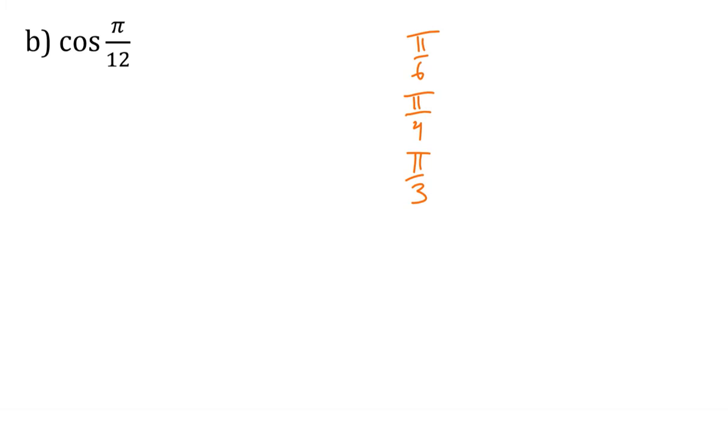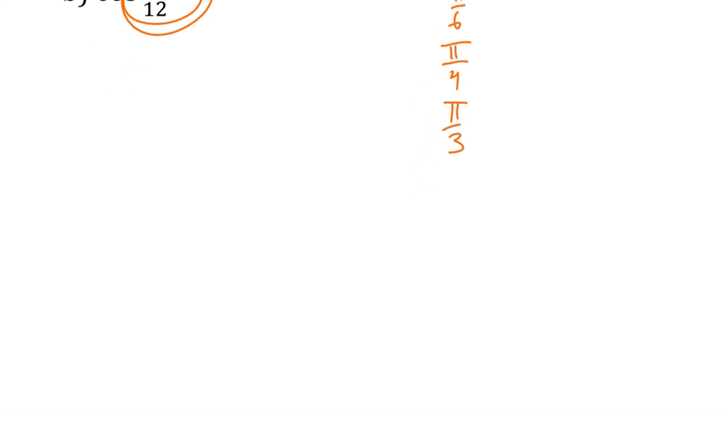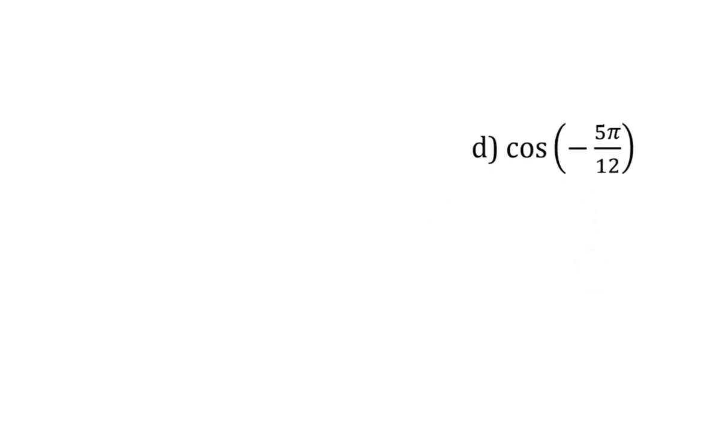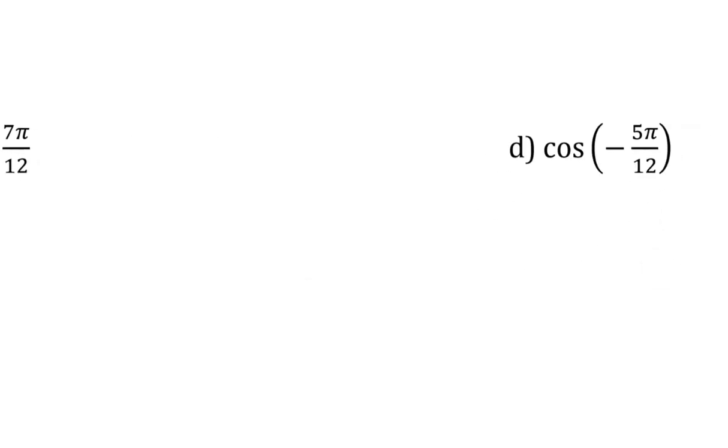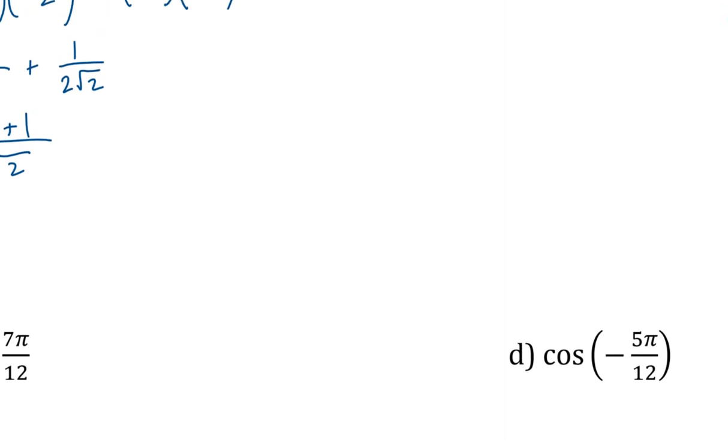One of the things to be aware of is that once we get into radians, we call these pi by 12 questions. Take a look at the other questions we're going to do: 5 pi by 12, 7 pi by 12, 19 pi by 12, 13 pi by 12, 11 pi by 12.